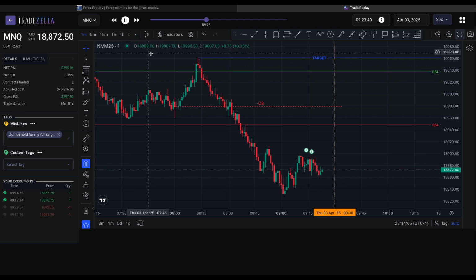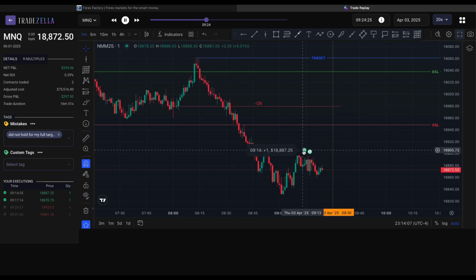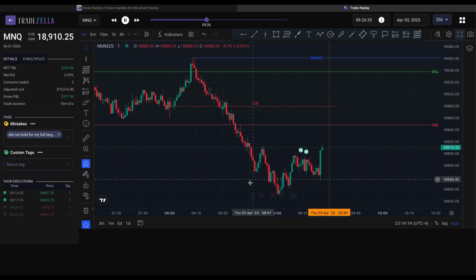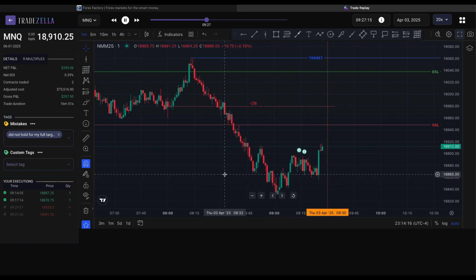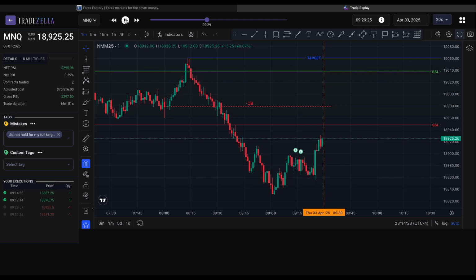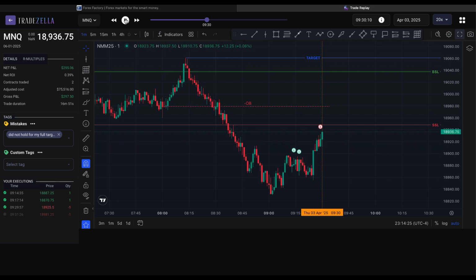I took this trade with 2 micros, by the way. First entry at 18,887, second entry at 18,870. This here is my first exit.